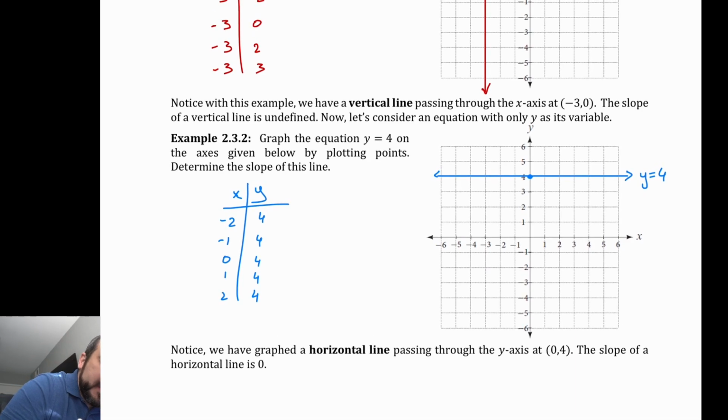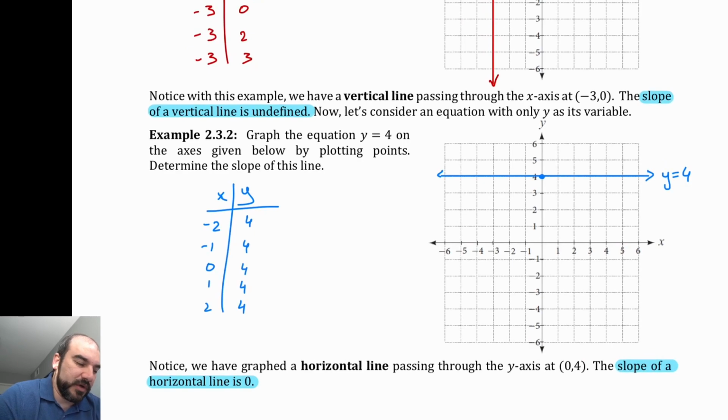As far as slope is concerned, because remember we know how to find slope from a line, the slope of a vertical line is undefined, and the slope of a horizontal line is 0. Just something to keep in mind when we talk about vertical lines.